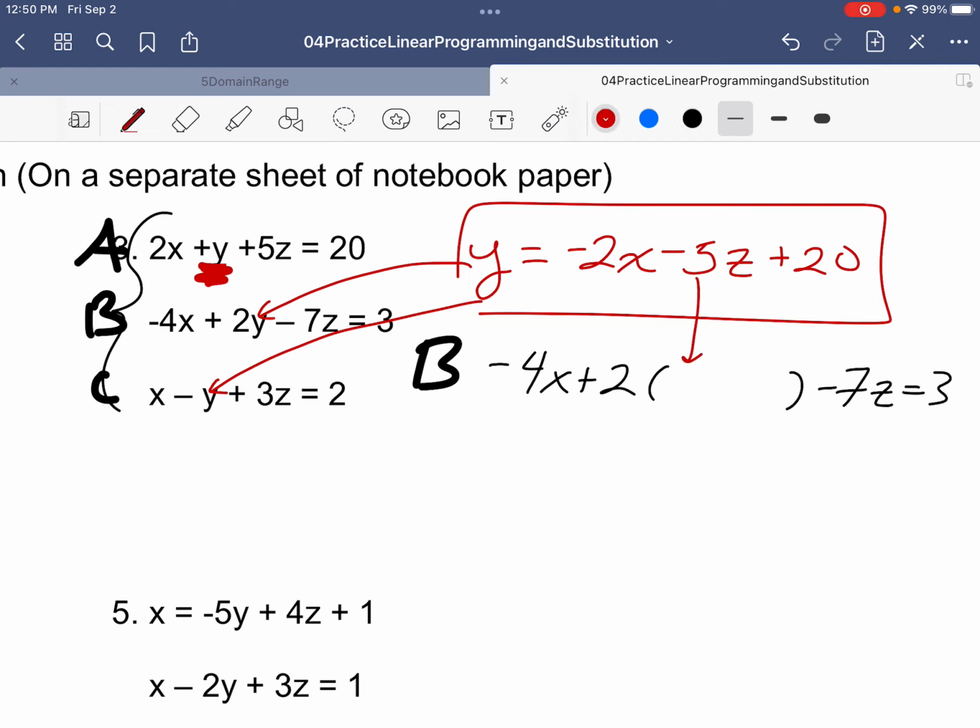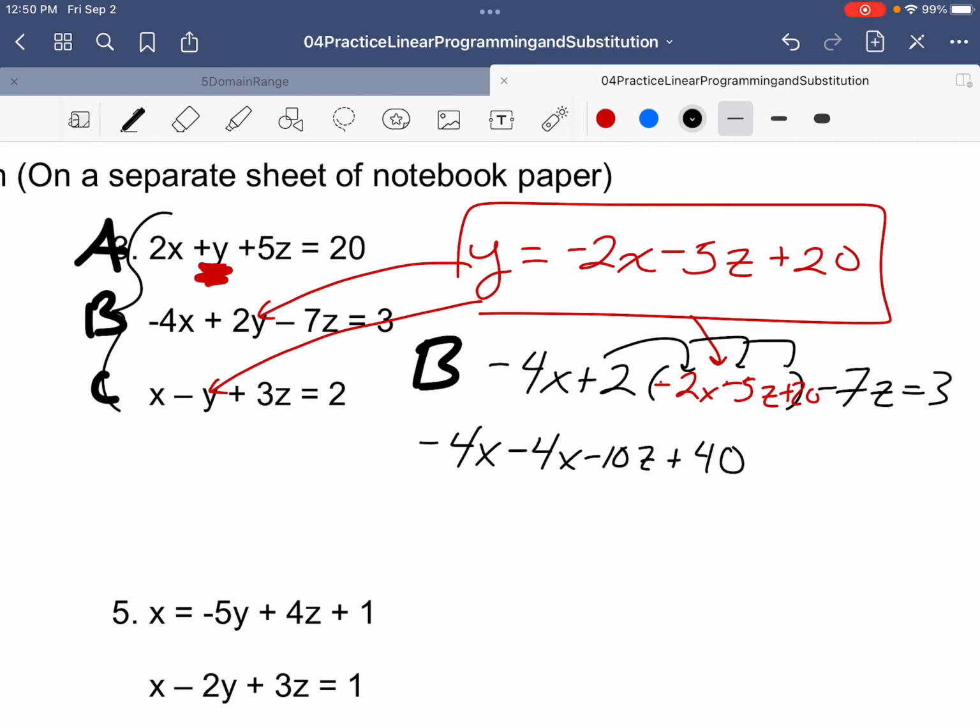So I've got to squeeze that in there, negative 2x, negative 5z, and 20. After I squeeze that in there, I have to distribute this 2. So that means everything's going to get doubled with the negatives. Make sure you double 20 to be 40.